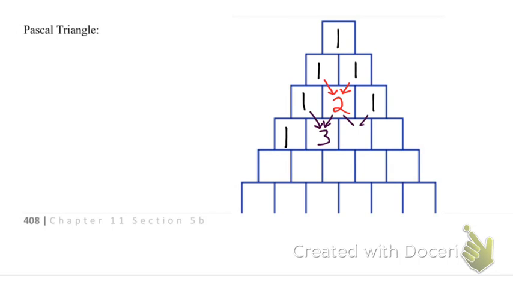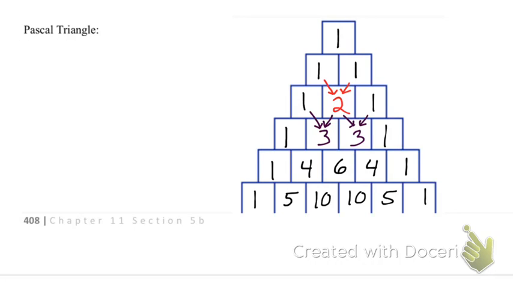We're going to combine that 2 and this 1 to make 3. And my last box is going to be 1. Then we continue down and we're going to have 1, 4, 6, 4, 1. And finally, we're going to have 1, 5, 10, 10, 5, 1. And we could continue on if we needed to.